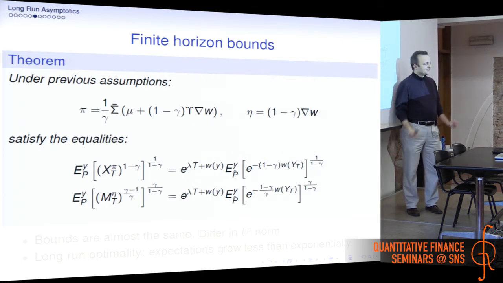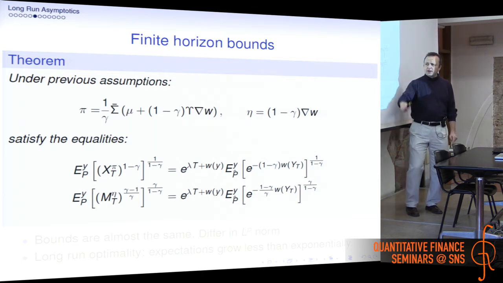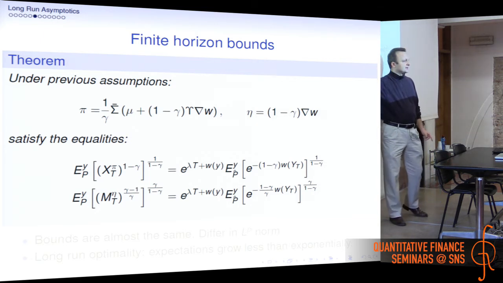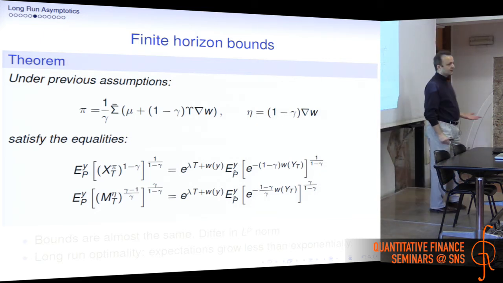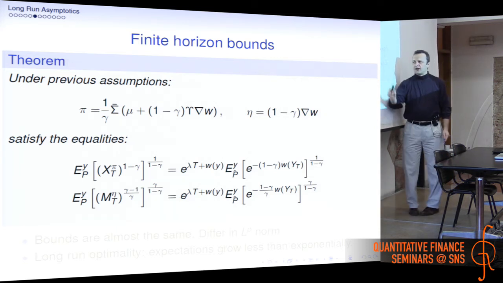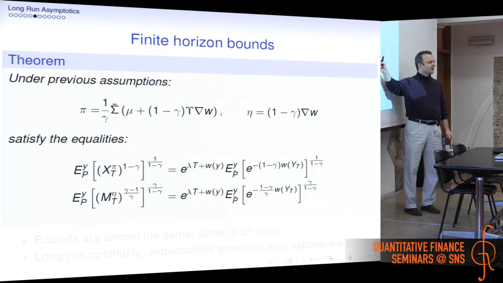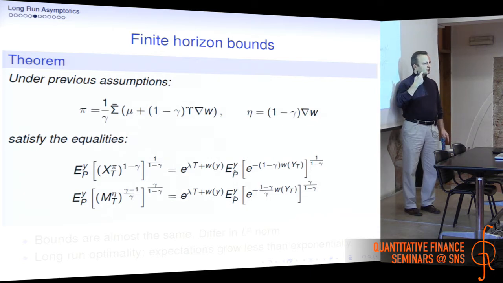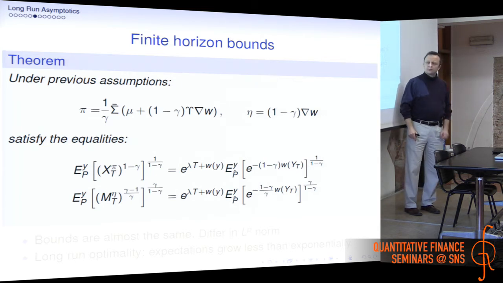So what's the idea? The idea is that we know that this is always less than or equal to this. This is the duality bound, okay? Now, if we can show that this dies off at a rate, and this also dies off at a rate, then we get the optimality, okay? That's the idea, from a theoretical point of view.